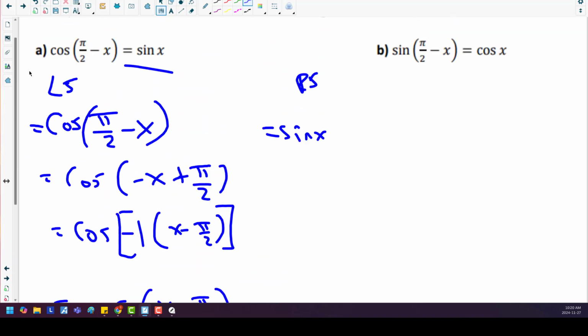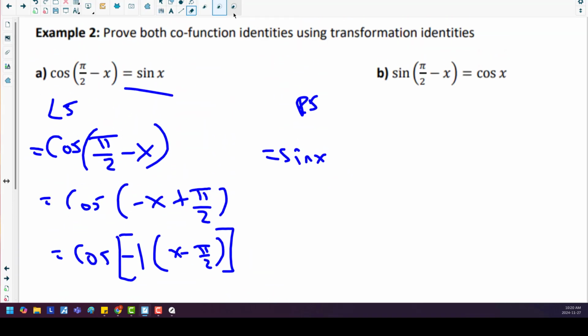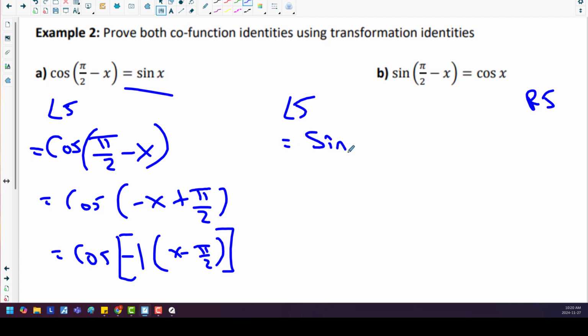We're going to do the same thing now for this other example. So left-hand side, right-hand side. Here we have sine pi over 2 minus x, and here we have cos x.